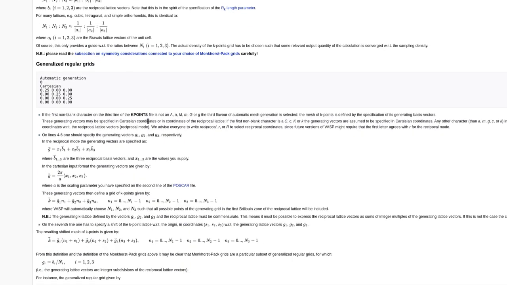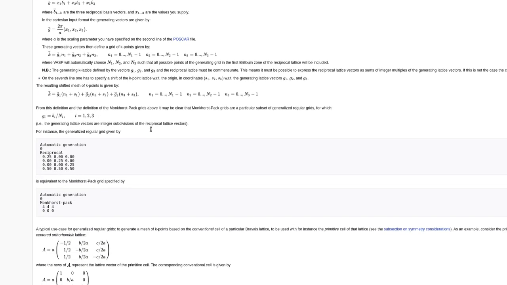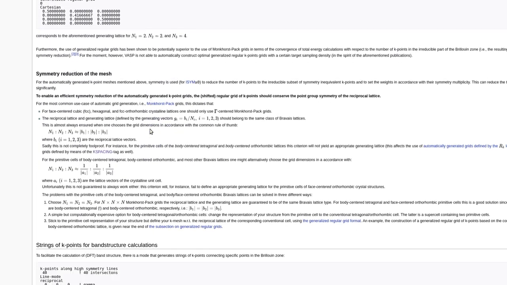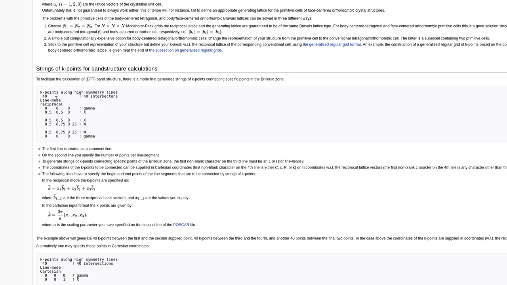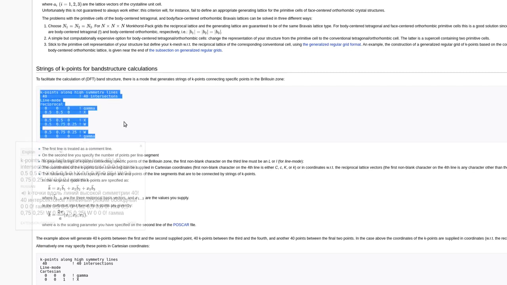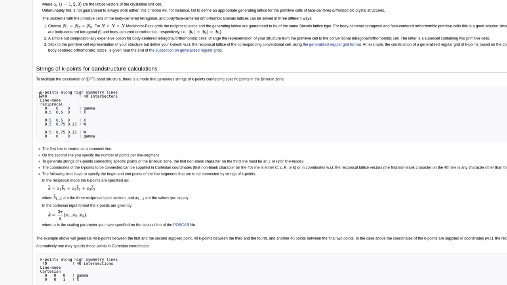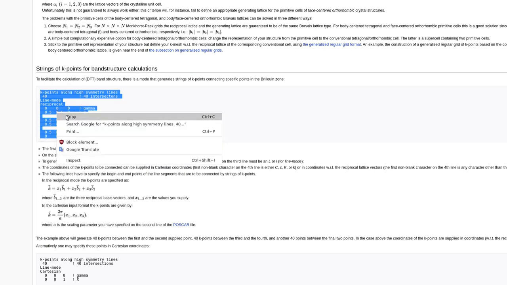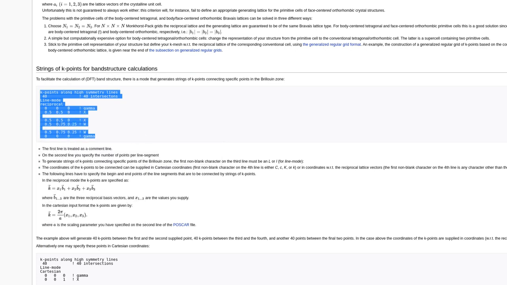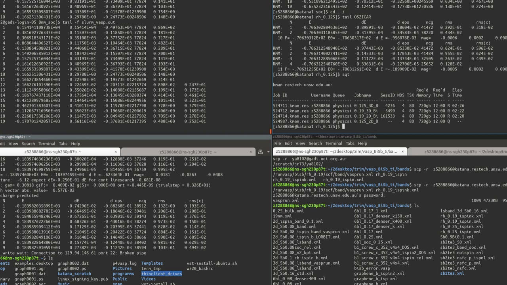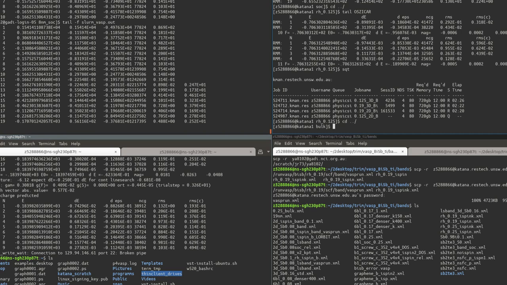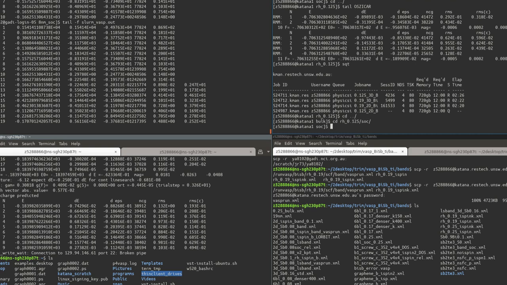In case of band structure calculations, you should go to the line mode. So the example is here, and let's copy those rows and use them in our calculations. So this is a bulk.